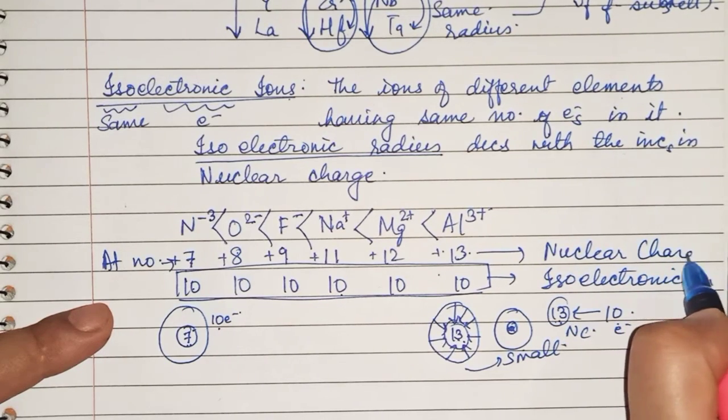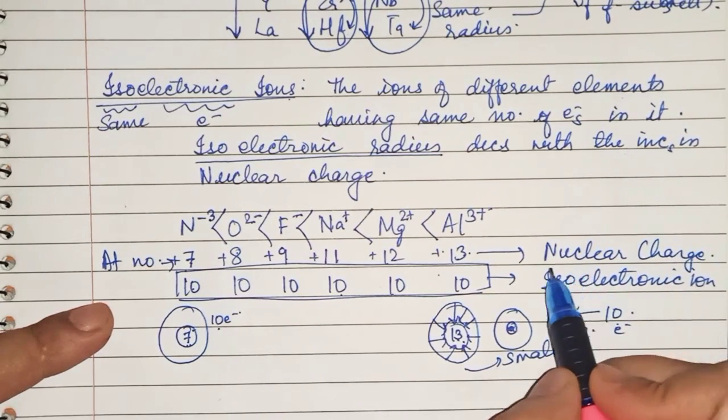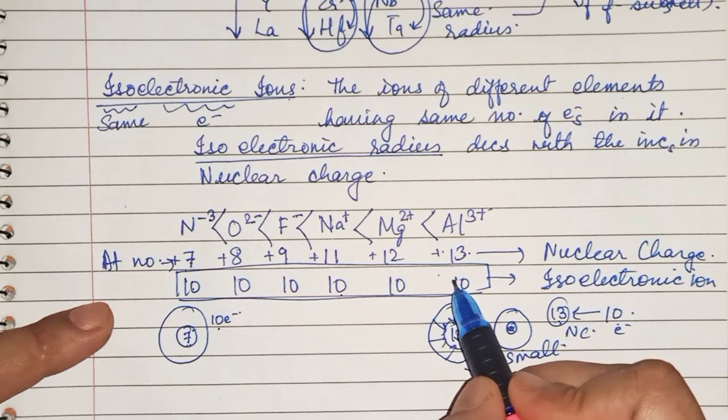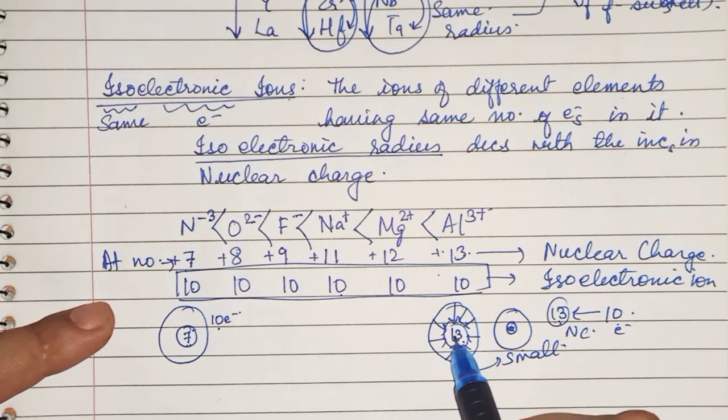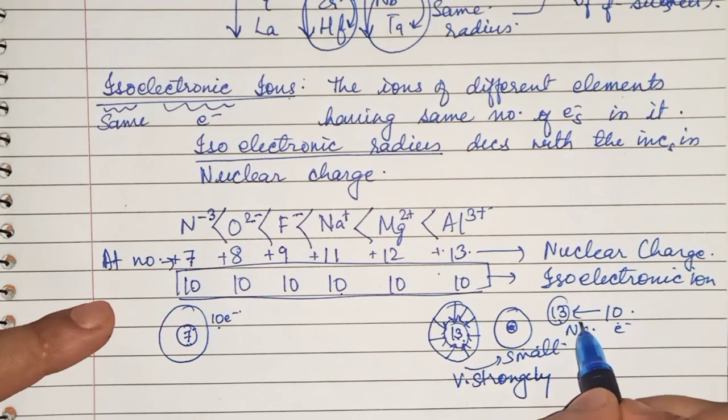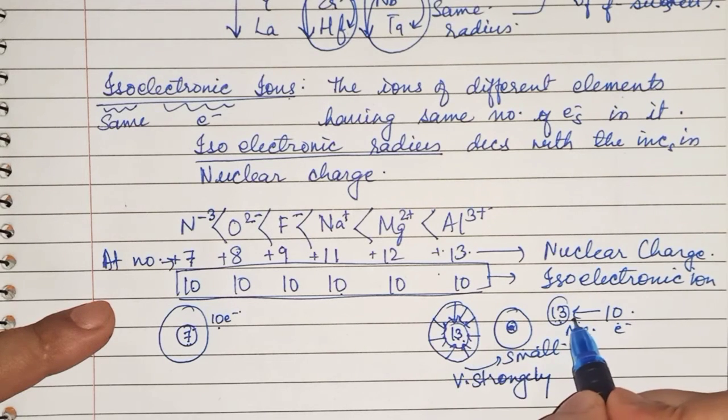If more nuclear charge is there and fewer electrons, that means the size will be small because the nucleus is attracting the electrons toward itself very strongly. And due to this the size of the ion will be small.